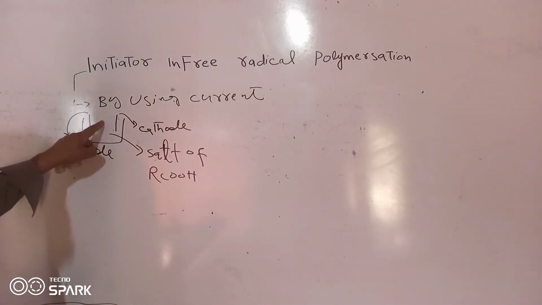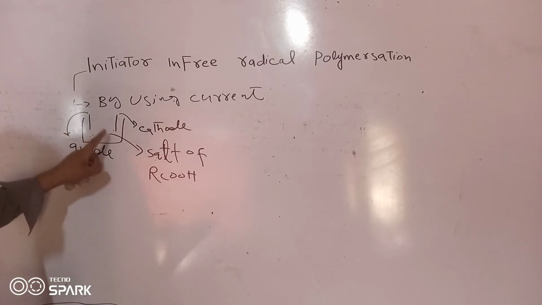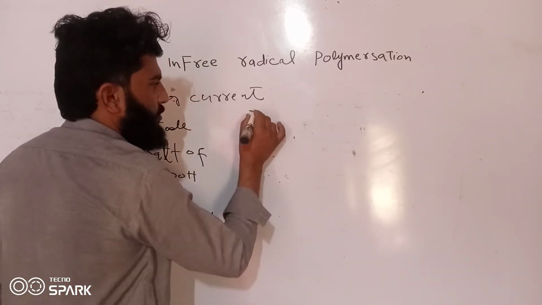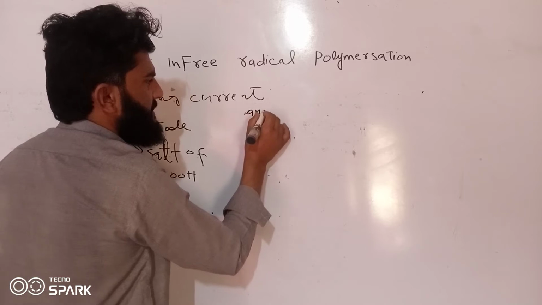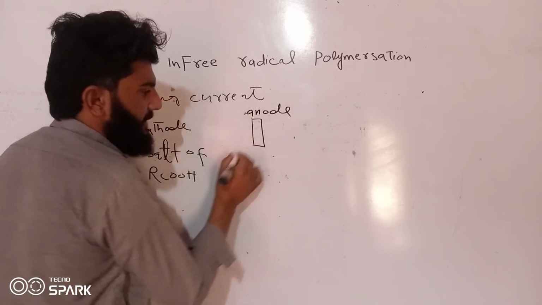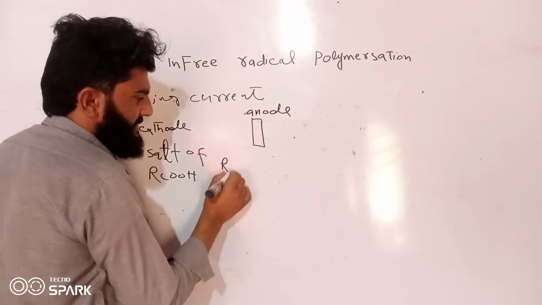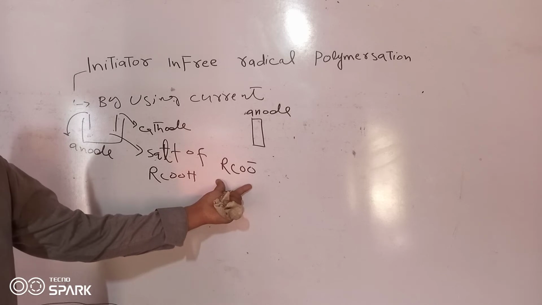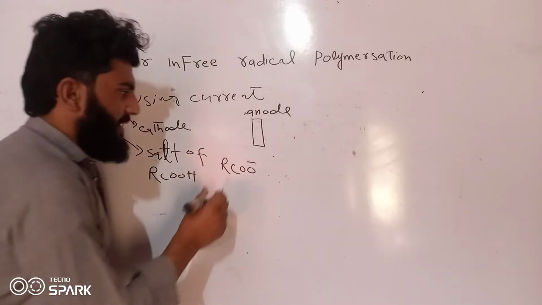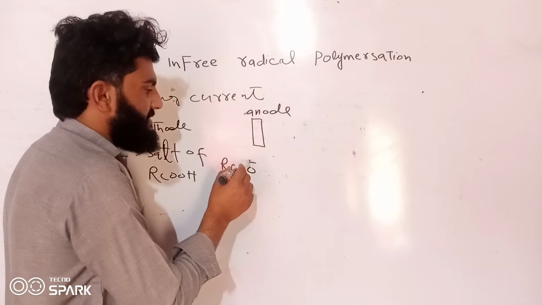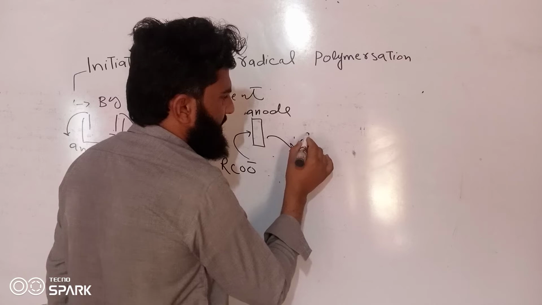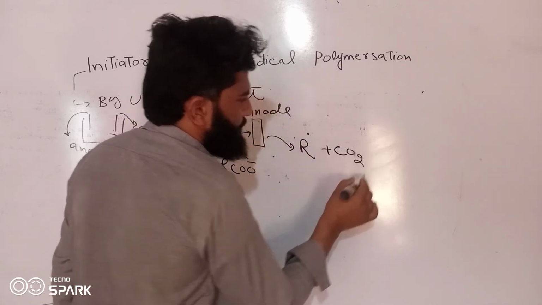So if this is the solution, this is the anode, this is the cathode, and a solution of carboxylic salt is present, then when we apply current, the negative ion comes in contact with the anode and forms this radical plus CO2.